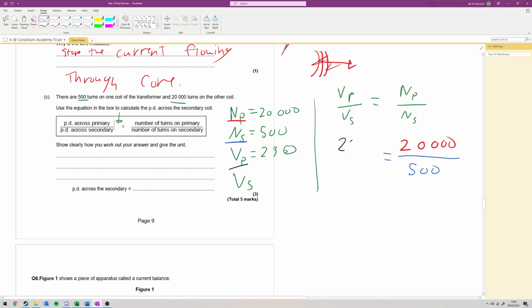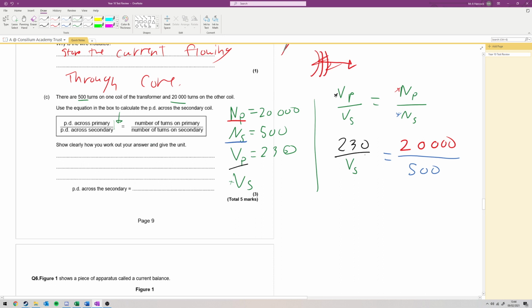So we've got 230 over. So this is that one. This one is that one. Just so you understand where the numbers are coming from. Right? I'm just substituting the numbers in, and green can be the voltage across the secondary. So that is VS. Okay, you got 1 mark for doing this.